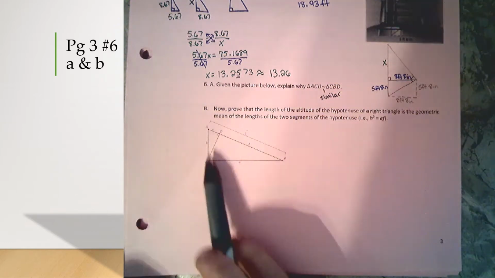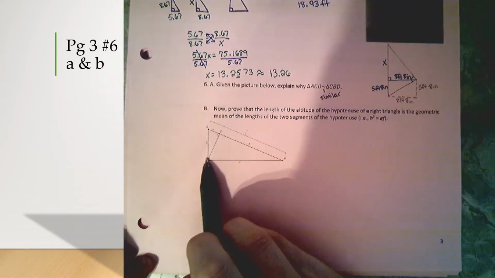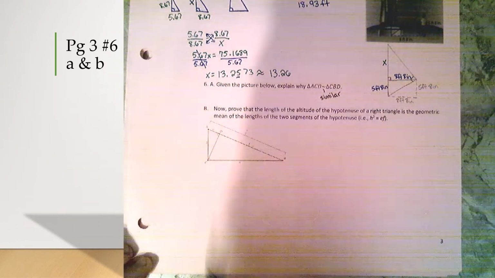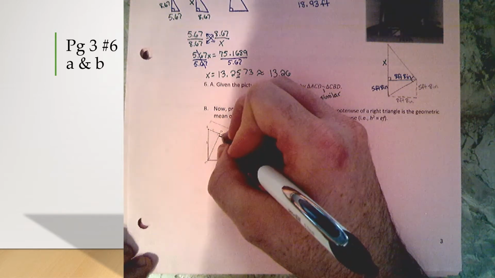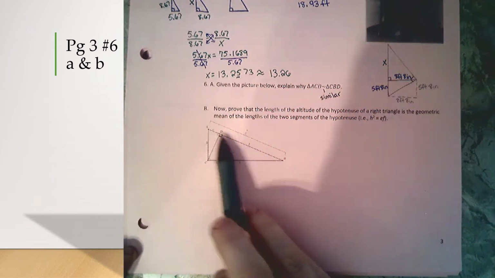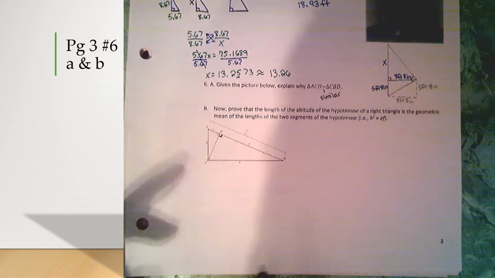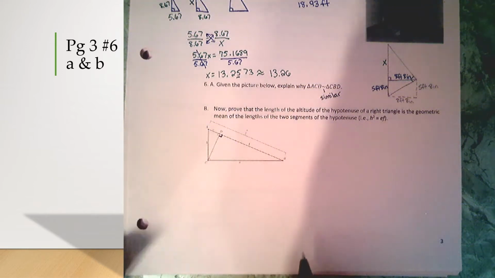So in this picture, the big triangle has a 90-degree angle, the small one has a 90-degree angle, and in case you didn't know, if this side's 90, this side is also 90 because it forms a straight line. So every single triangle has a 90-degree angle, and they also share different angles.